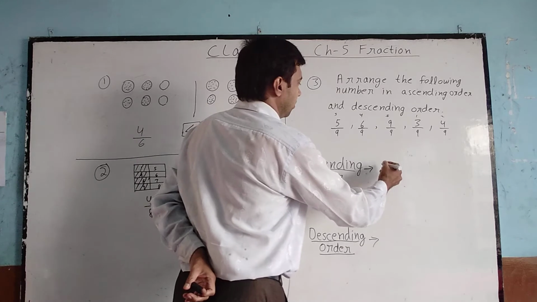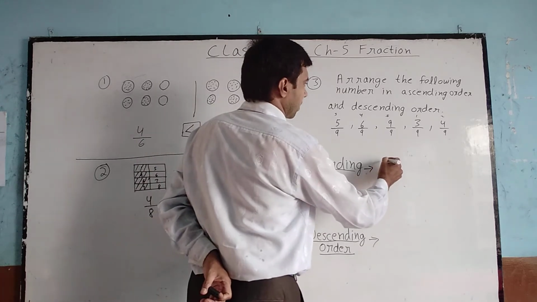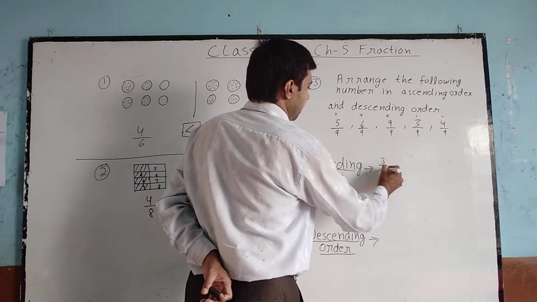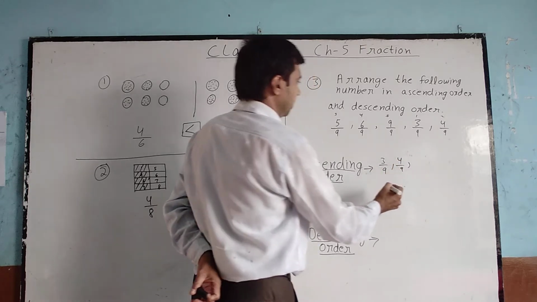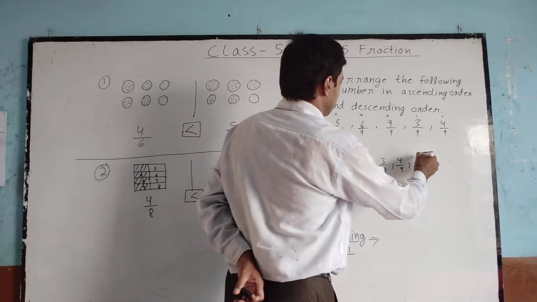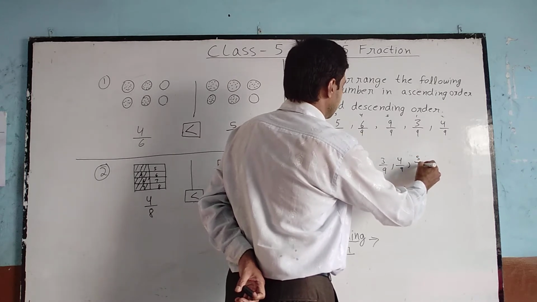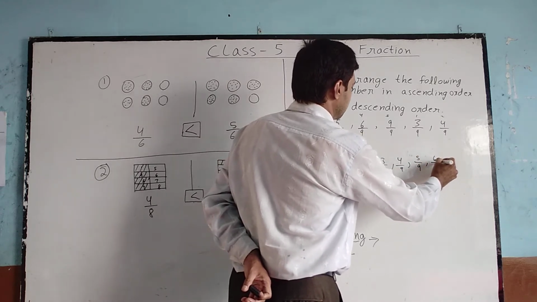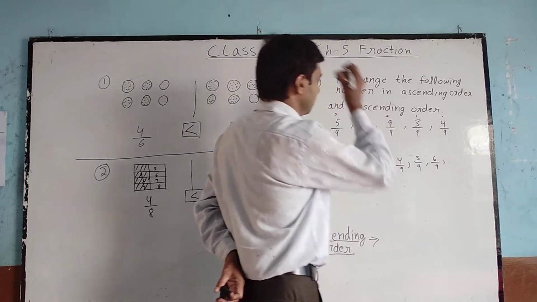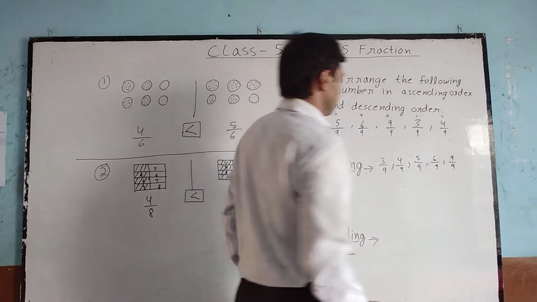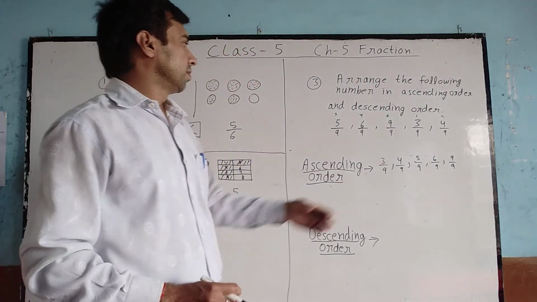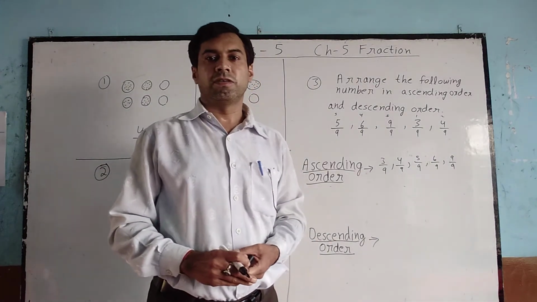So write this serial order here: 3 by 9, comma, 4 by 9, comma, 5 by 9, comma, 6 by 9, comma, 9 by 9. Student, see, we have written ascending order.